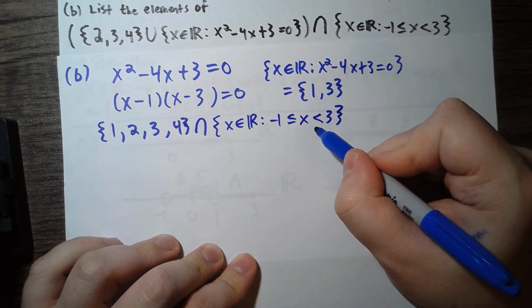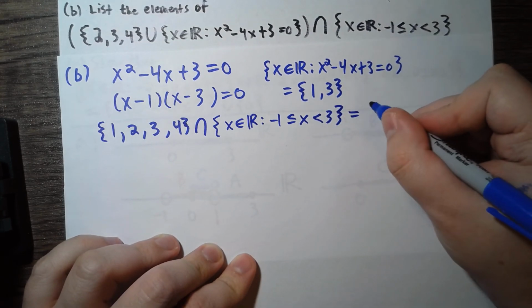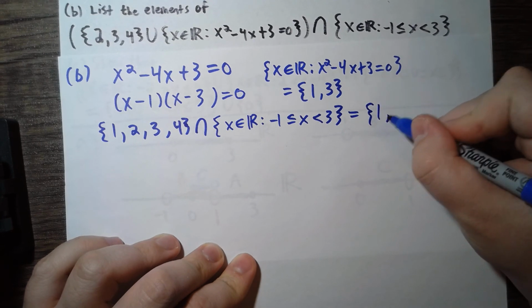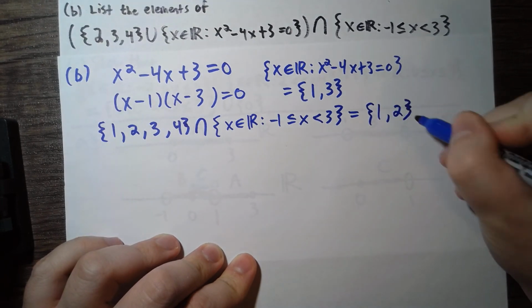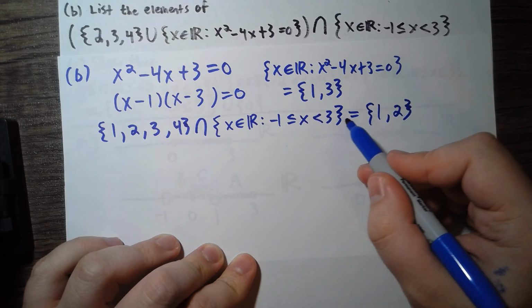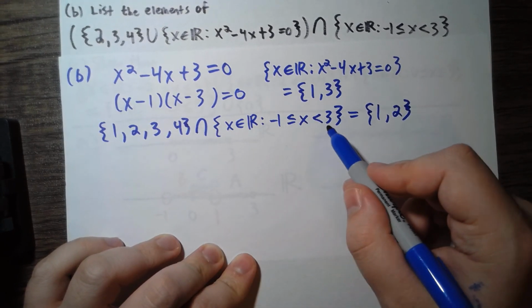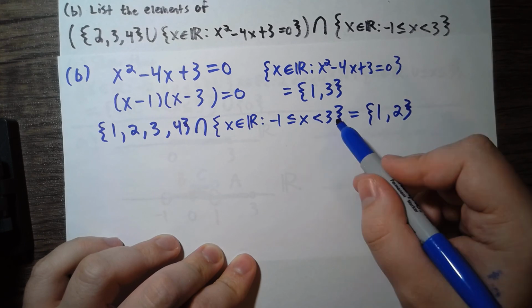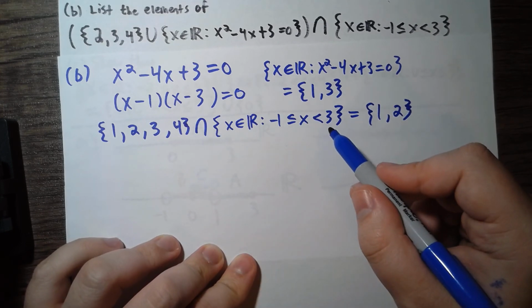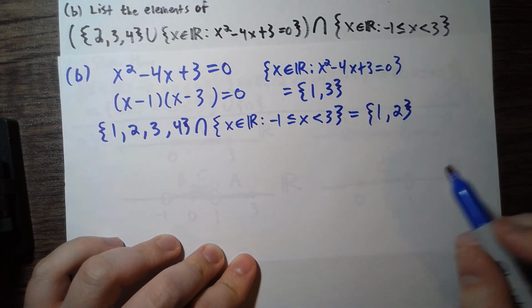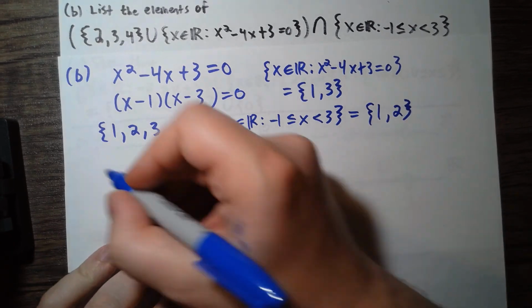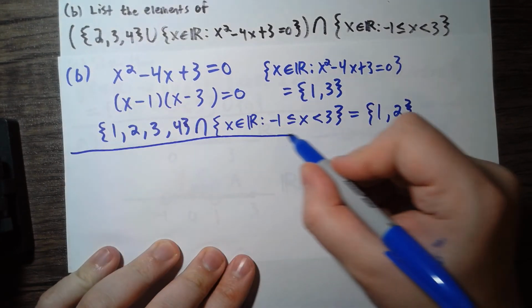Since this is a strict less than, this will just equal the set of 1 and 2. Because 4 is greater than 3, it's not in this set, and since x is strictly less than 3, 3 is also not in this set. So 1 and 2 are the only elements of the set.